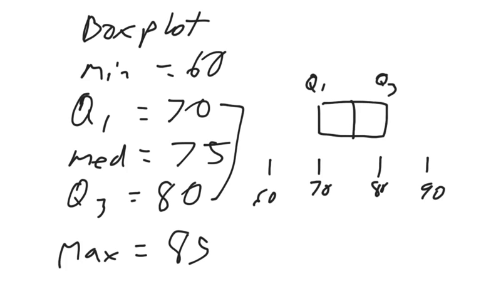And right in the middle at 75 we have our median. Now the max is 85, so I come over here to about 85, and this is my max. And make a whisker out here to 60 for the min. So we have a box from Q1 to Q3 with the median in the middle, a minimum and a maximum, and that's our 5-number summary.